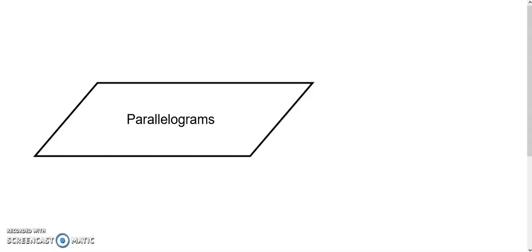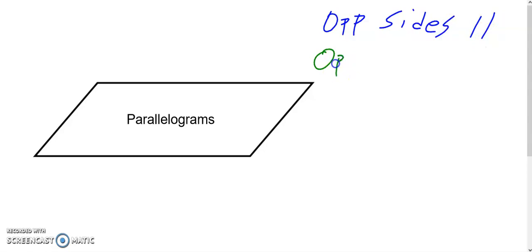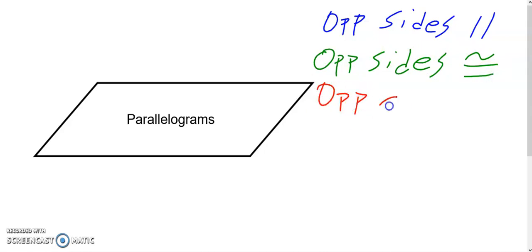But if you remember, parallelograms have special rules. Opposite sides have to be parallel. That's a parallelogram. Opposite sides needed to be congruent. Opposite angles have to be congruent.